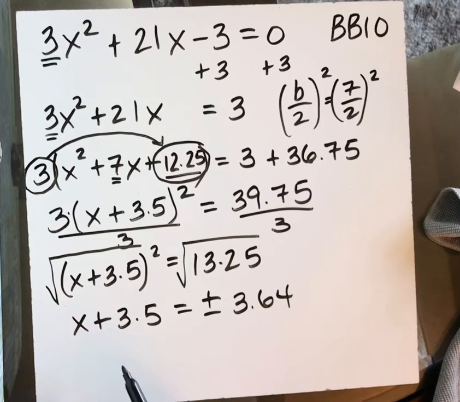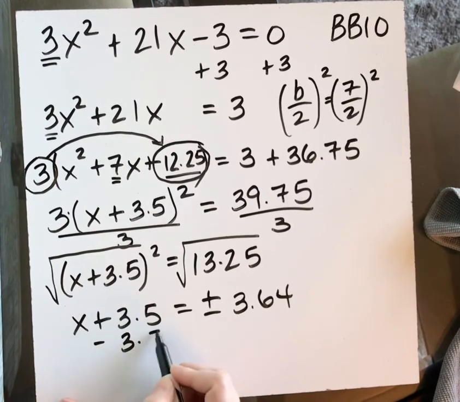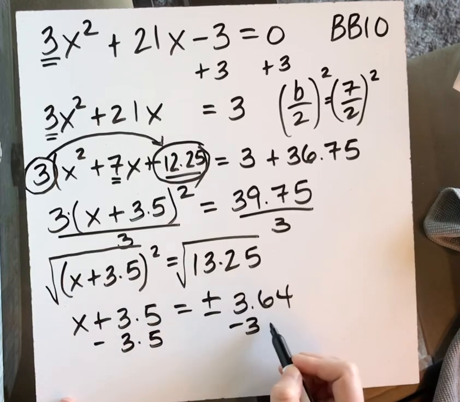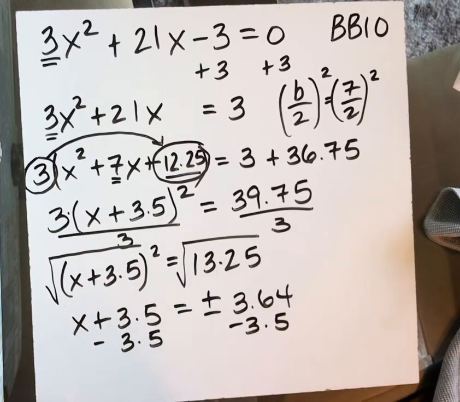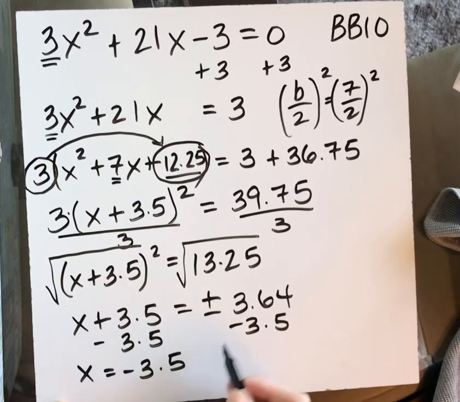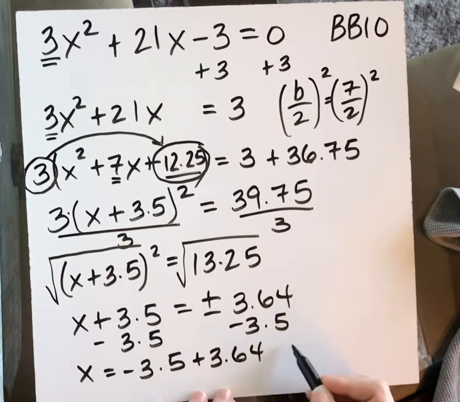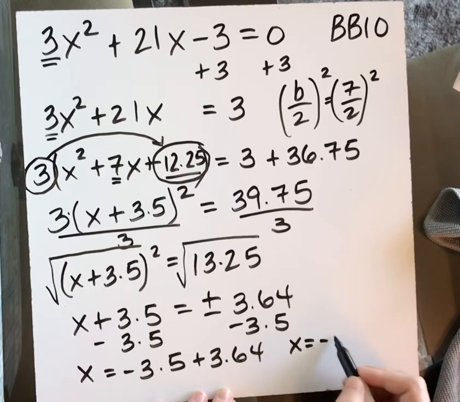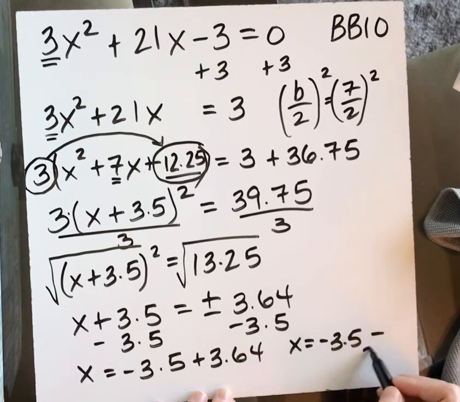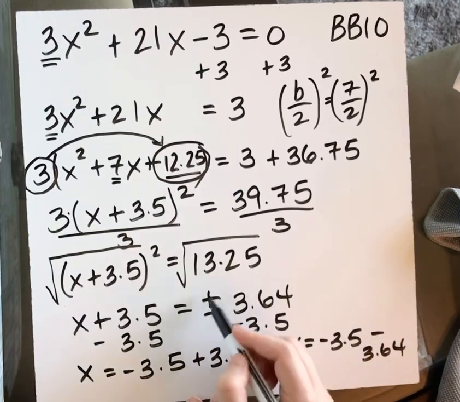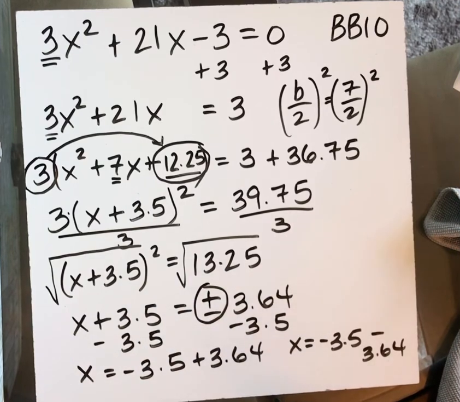Our last step to isolate our x is to go ahead and subtract our 3.5 on both sides. X equals negative 3.5 plus 3.64, and x equals negative 3.5 minus 3.64, and that's taking into account that plus and minus.